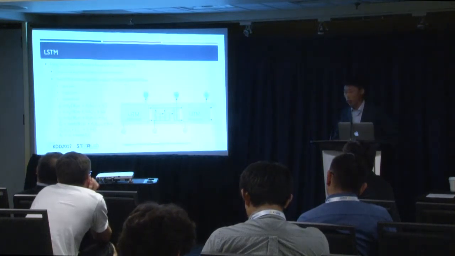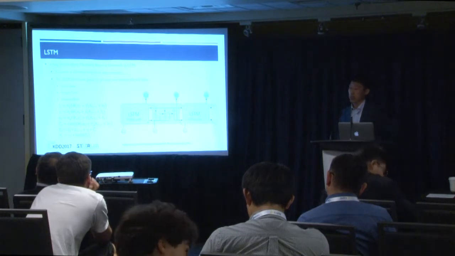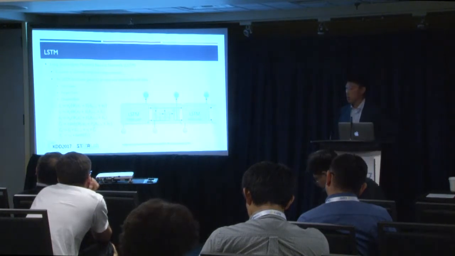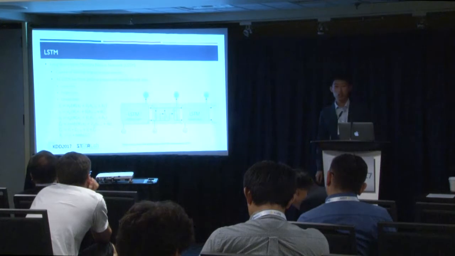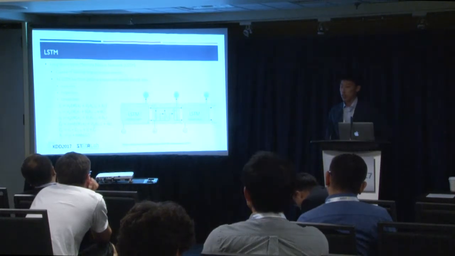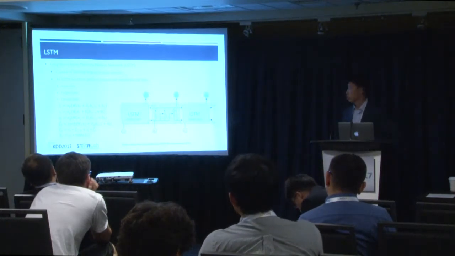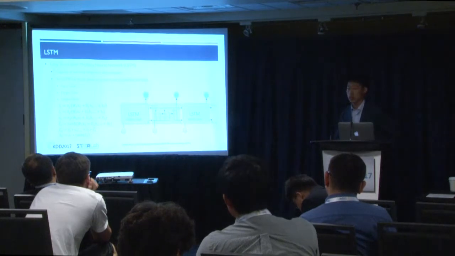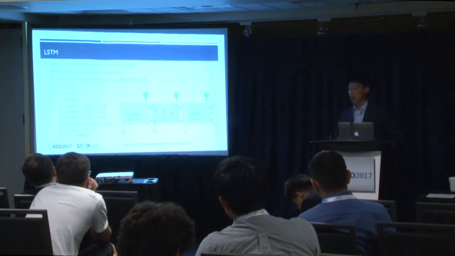Next is the LSTM. The long short-term memory neural network is capable of learning long-term dependency. So what is long-term dependency? In the RNN, there is normally a problem called gradient diminishing or gradient blowing up.